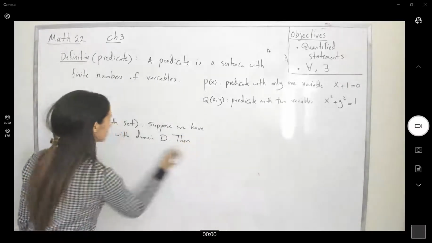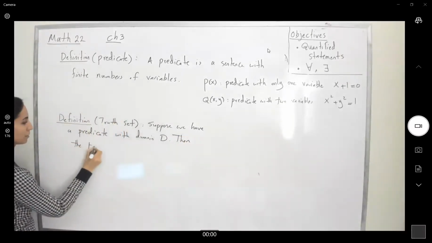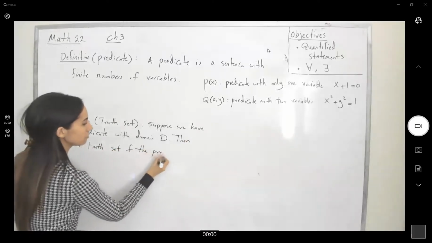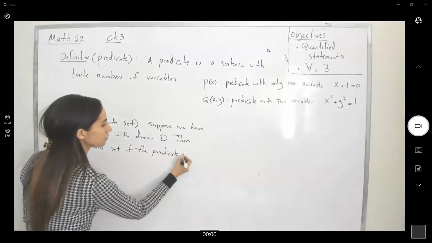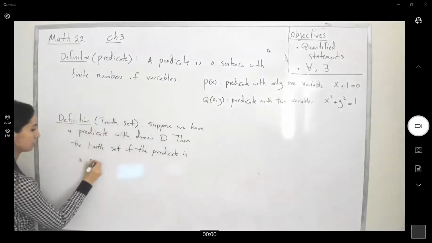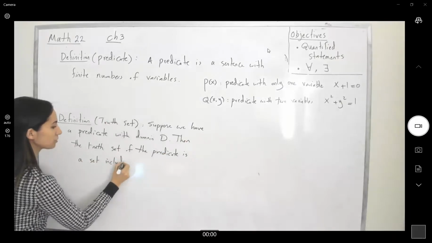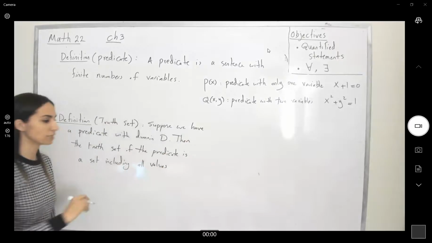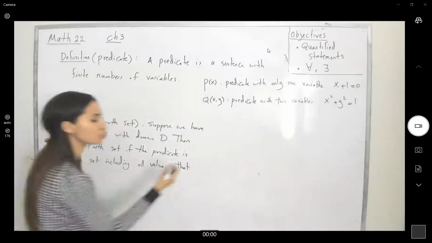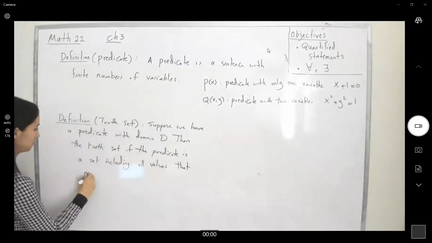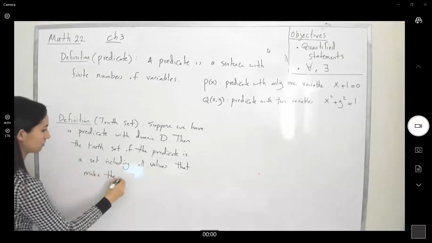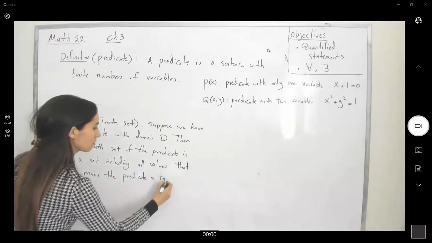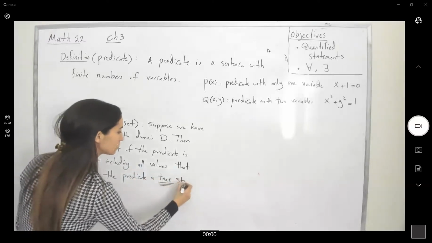Then the truth set of the predicate is a set including all values, all numbers that make the predicate a true statement.